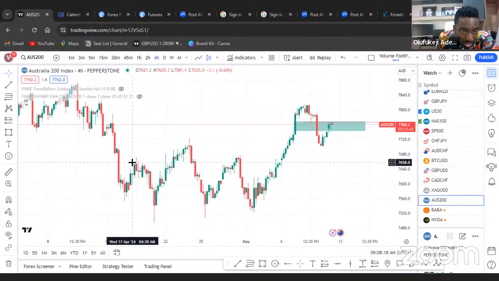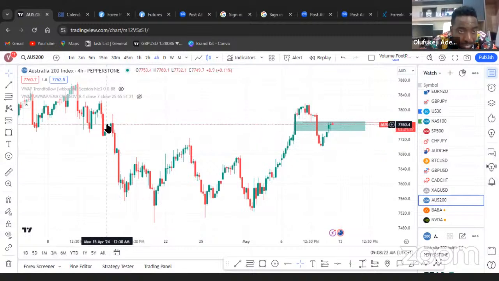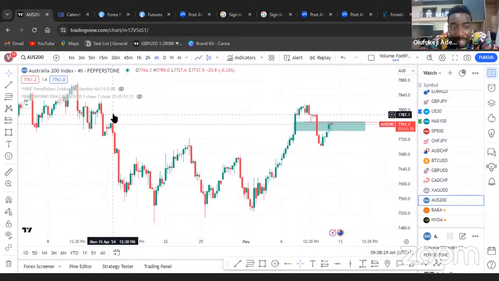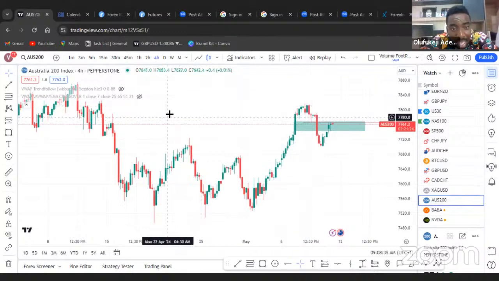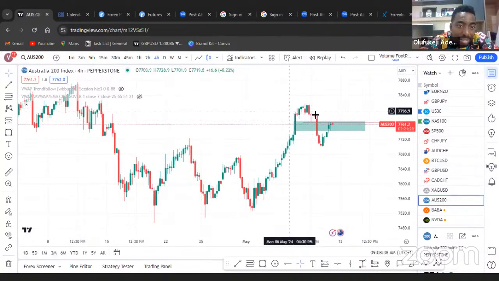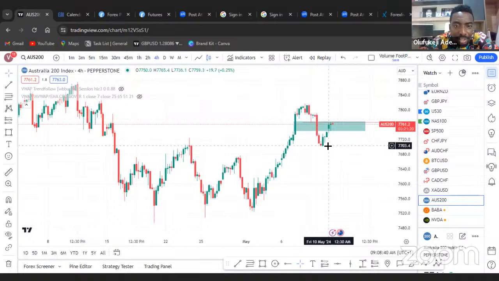Keep going. Yeah, that's it there. So if we say that's our shoulder, that high, then that is a sweep of that shoulder, a grab of that liquidity, and a break to the downside.